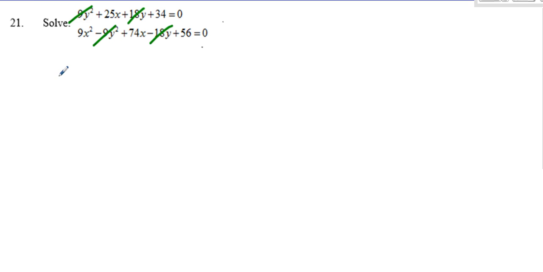So 9x squared plus 25x plus 74x, that's 99x. Plus 34 and plus 56, that's 90. Equals 0, and all the y's canceled out, so we can solve this.